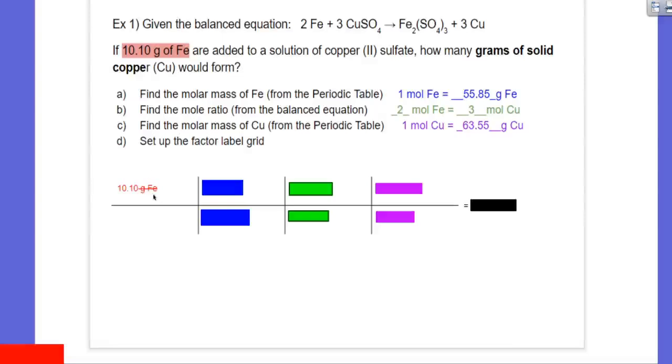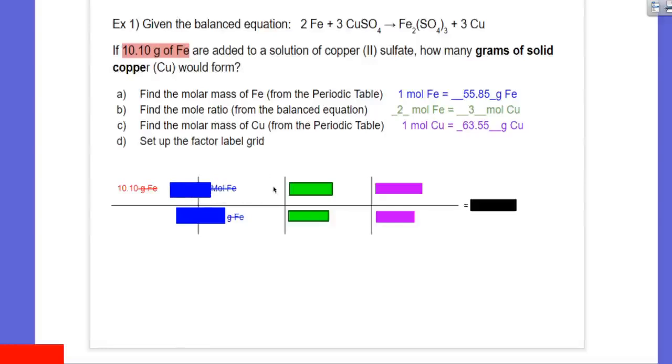So if I have grams of iron to start with, I'm going to put grams of iron on the bottom. When I look at my equivalency statements, grams of iron are equal to moles of iron. So I'm going to put moles of iron onto the top. What I want to convert into goes into the top box.